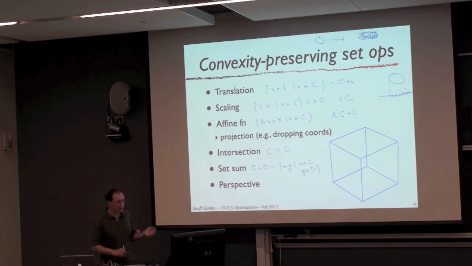And then the one that nobody ever seems to remember is the perspective function, which turns out to be pretty useful, but it's kind of weird to describe. The intuitive way of thinking about it is that you have some convex set, and you stand back and view it through a pinhole camera, right? So you can see here's my convex cube right here, and it's somewhat distorted because the things farther away are smaller and the things closer are less small.